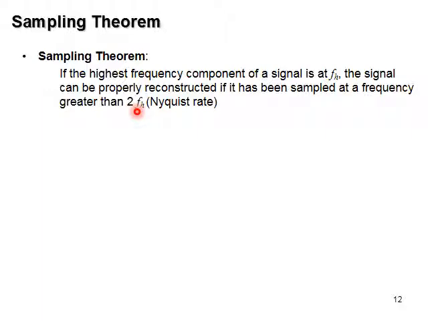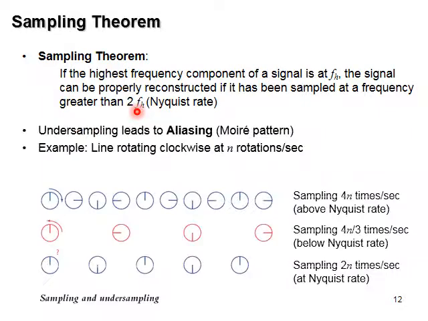So let's have an example just to explain this idea. Let's talk here about undersampling, which leads to aliasing, or the concept of Moire pattern that we saw in the previous slides. Let's assume we have a line that rotates clockwise at n rotations per second. So imagine that you have a line in front of you, and that line is rotating clockwise, similar to how a clock works, but this line is rotating at n rotations per second.